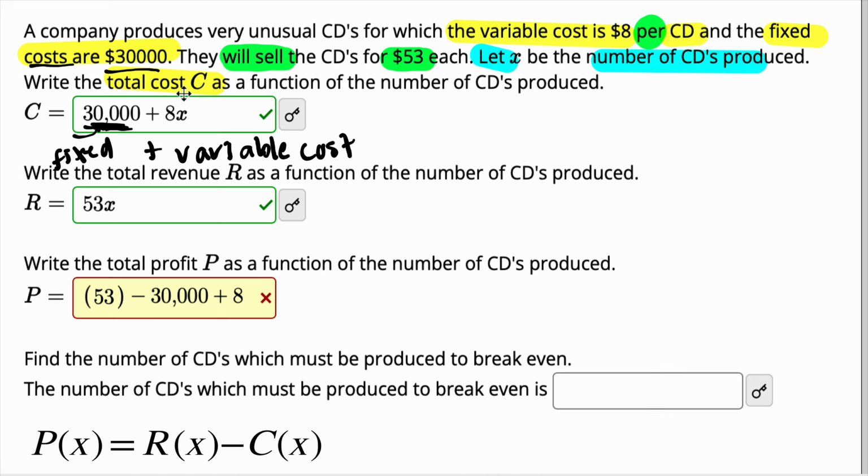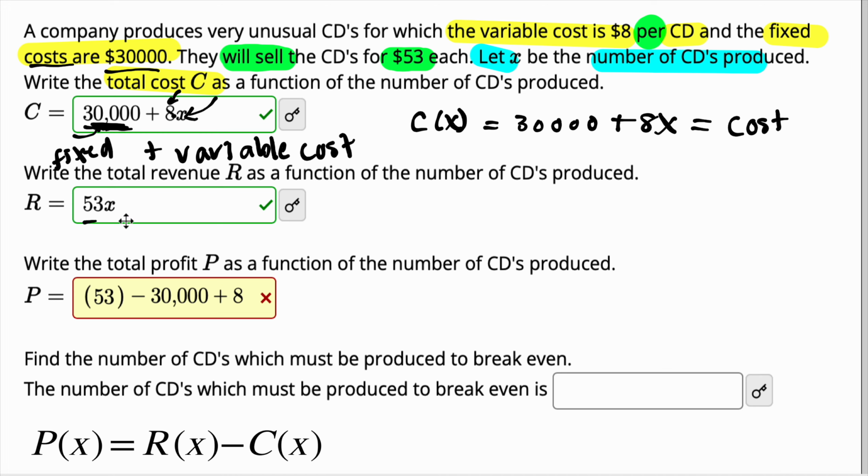And then I have $8 per or times the number of CDs that I produce. I could also write this as C of X is equal to 3,000 plus 8x. And that's going to give me an output of what the total cost is.